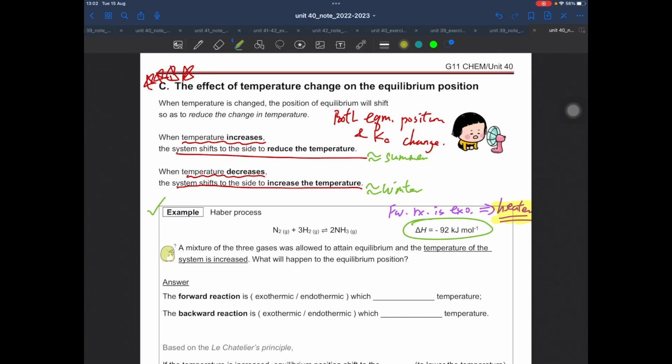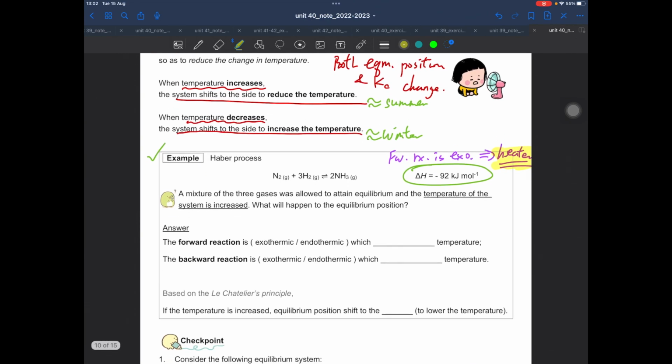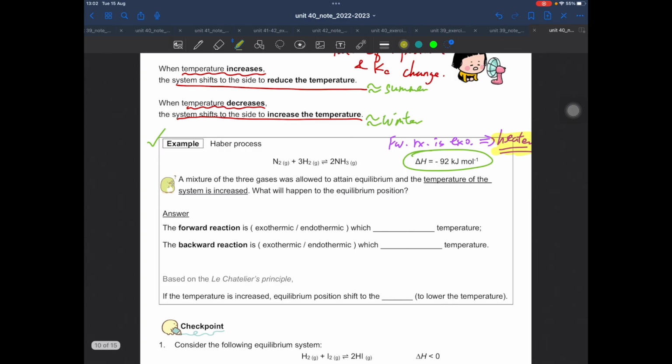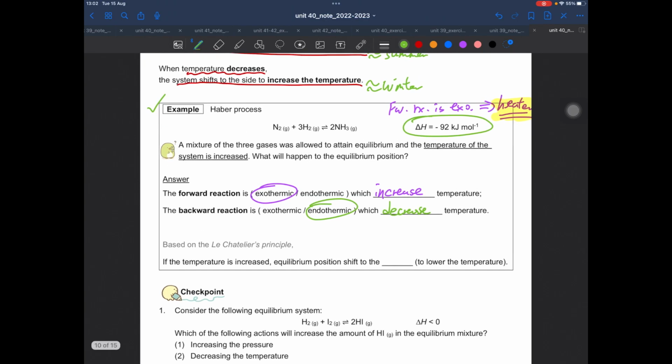Keep in mind, exothermic is heater, right? So, let me write it down. Forward reaction is exothermic, which increases temperature. The backward is endothermic, which decreases it. Good, right? Easy to understand.